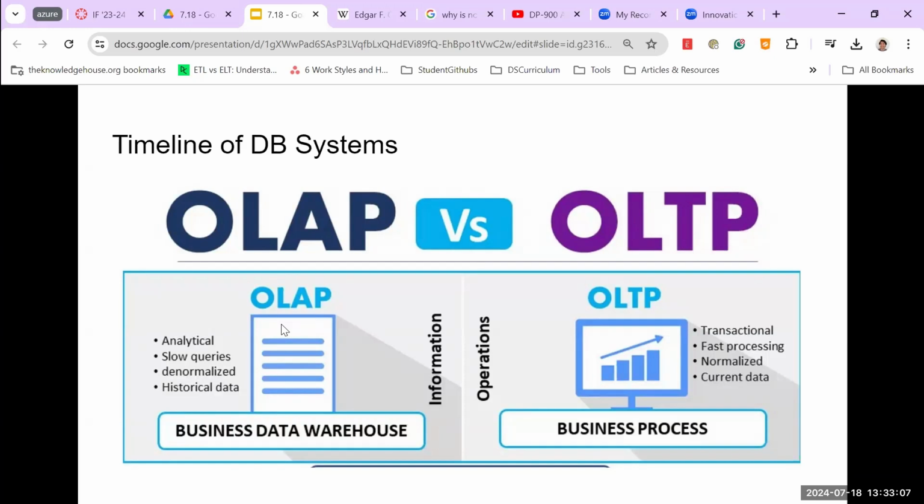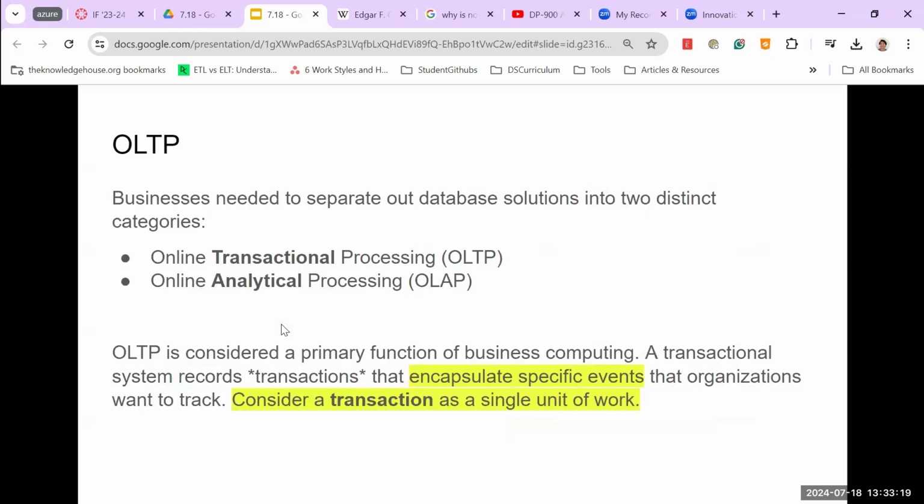Before we get into analytical databases, let's just go ahead and talk about OLTP databases, which basically serve as the core of business operations. Essentially, everyone, OLTP databases are the primary function, just like I mentioned, of business computing.